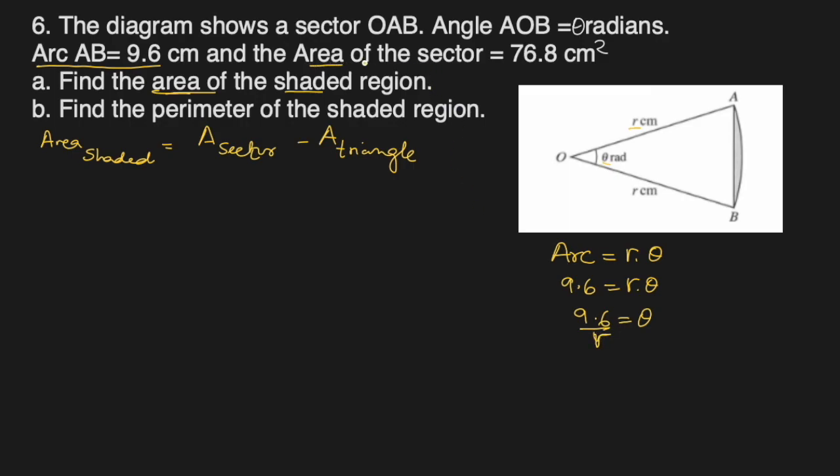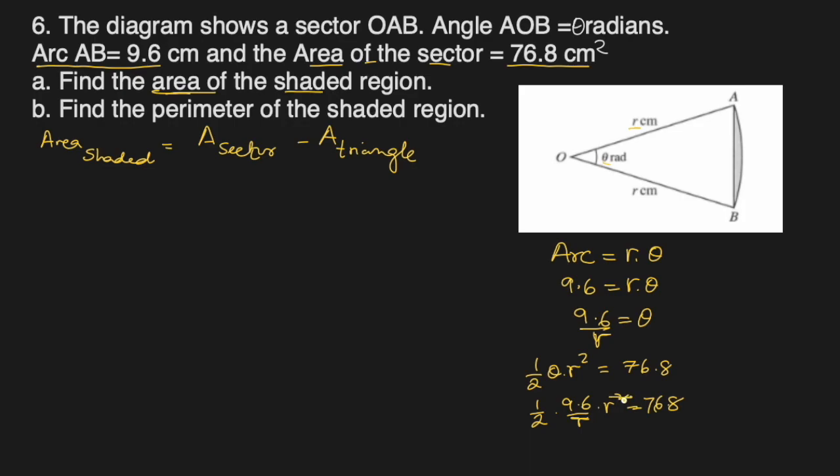Let's use the second fact. The area of the sector is 76.8. The area of a sector is half theta r squared, and it is given as 76.8 centimeters squared. So I will substitute theta by what I've got now, 9.6 over r, multiplied by r squared, equal to 76.8.